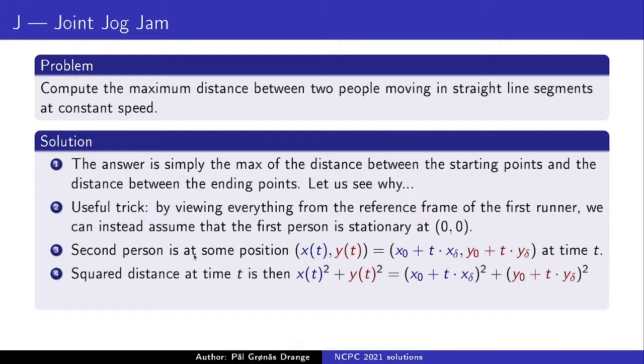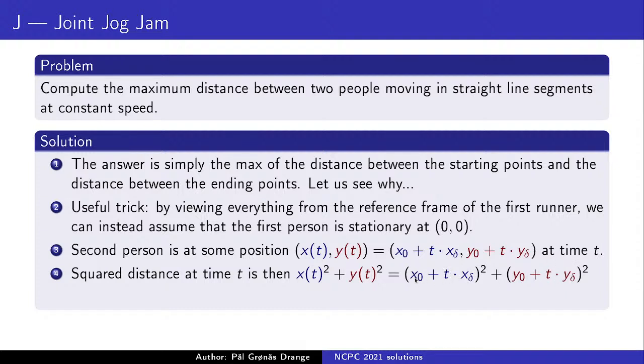And then the square distance from the first person at 0, 0 to this second person at time t is x of t squared plus y of t squared. So it's x0 plus t x delta squared, plus y0 plus t y delta squared.